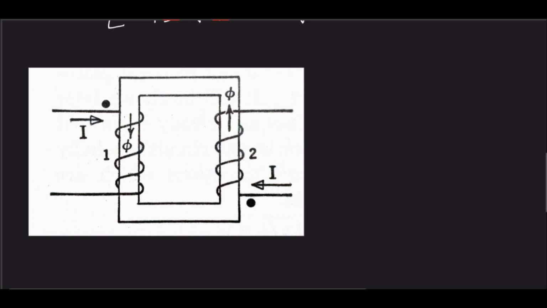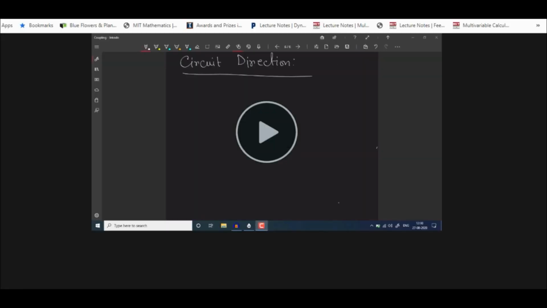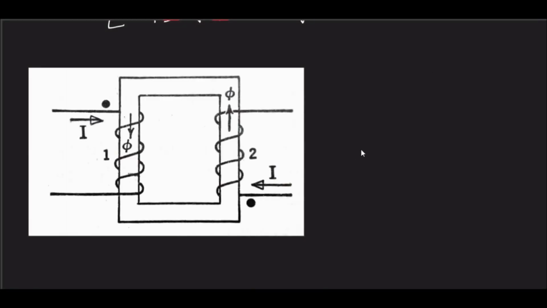What is that? Suppose your second side has no connection, it is open circuited. Now only your primary side, or side 1, is connected.